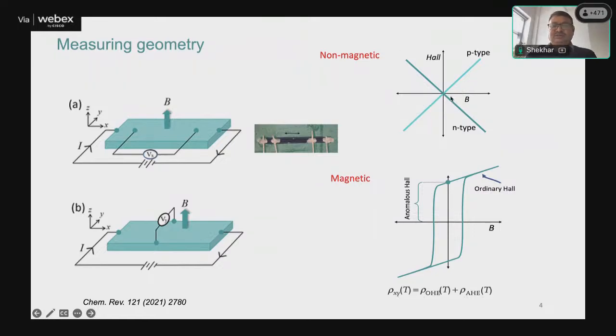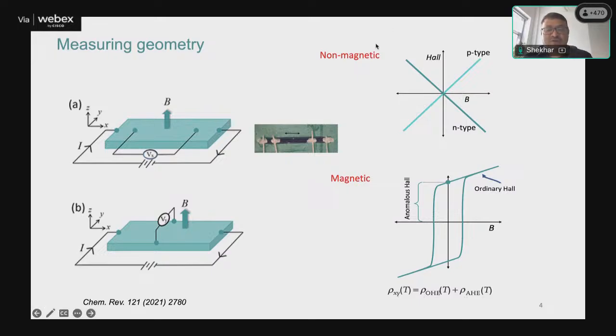In Hall resistance we can distinguish N type or P type, where we can expect a linear Hall. When the slope of the field dependent Hall resistivity is positive, we call it hole type. When the slope is negative, we call it N-type.